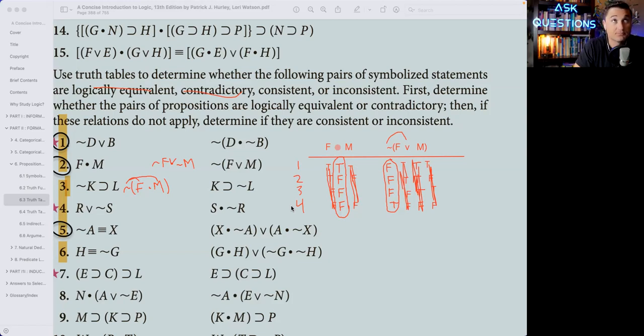Statement number 1, it's Tuesday. Statement number 2, tomorrow is Friday. Statement number 3, if tomorrow is Friday, then today can't be Tuesday.